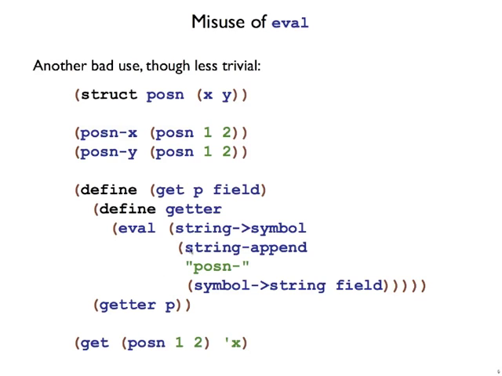Then you could imagine taking that symbol, turning it to a string, combining it with posn-, turning that back into a symbol, evaluating that to get the getter function, and this would actually apply posn-x to that particular posn. So this is a less silly example of eval, but still probably a better way to do this would be to have a get macro, and we'll come back to this example later today.